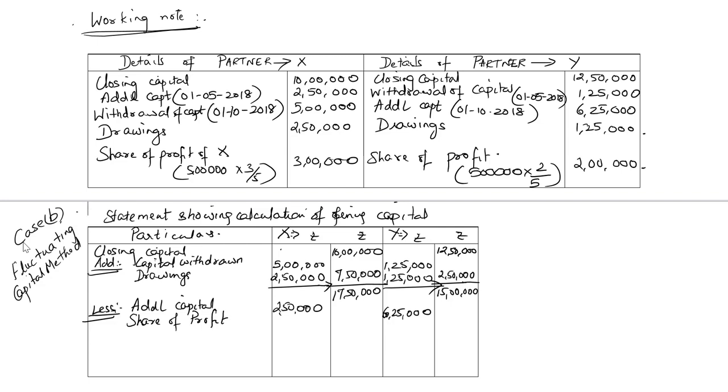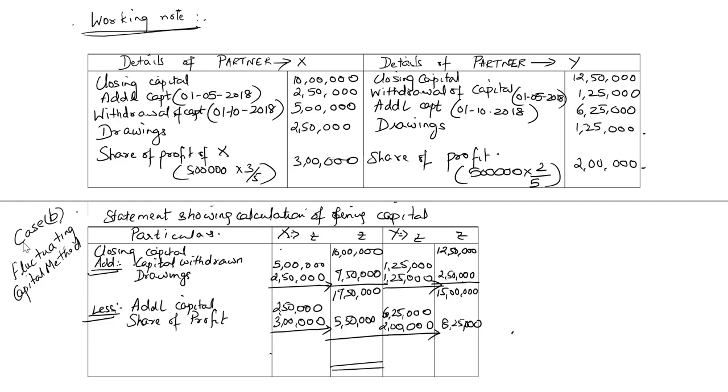In the case of X, the share of profit is rupees 3 lakh, and in the case of Y, the share of profit is rupees 2 lakh. The total of the amounts to be deducted in the case of X is rupees 5,50,000. And in the case of Y, it's 8,25,000.